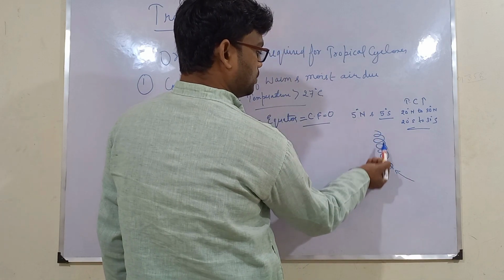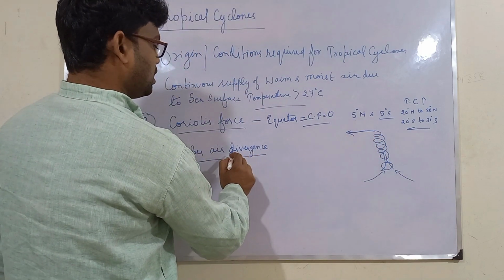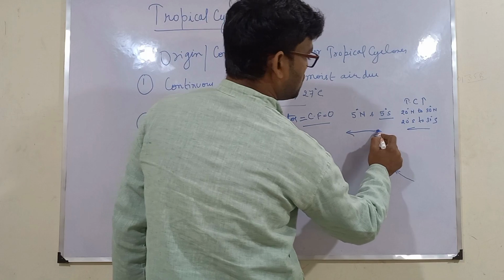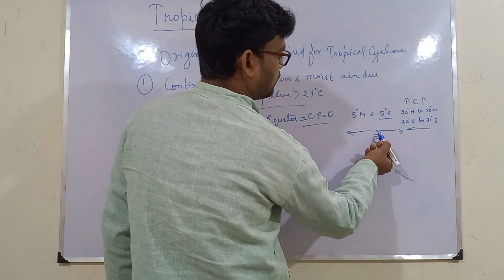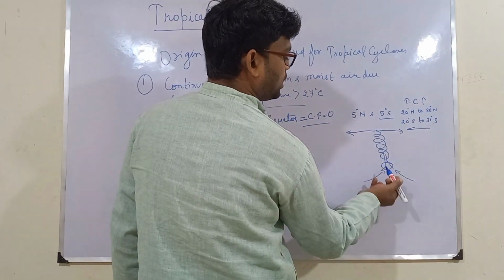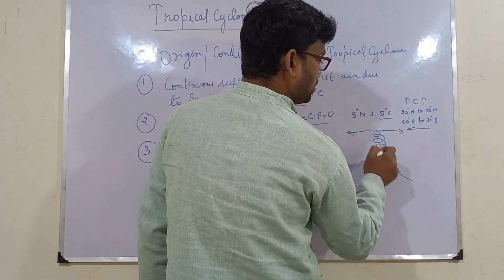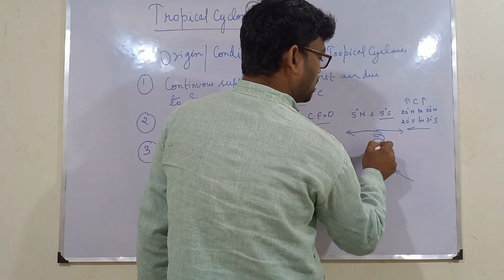When this reaches the tropopause, this air must diverge. When this air gets cool, it must diverge to the other part, so that it ensures the air current from below is continuous.